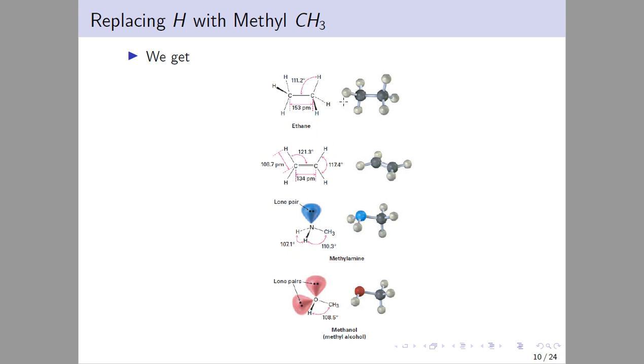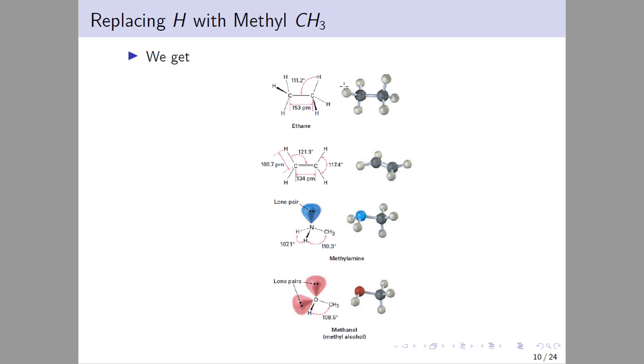So this C2H6 becomes C3H8. You can see that the length between carbon and carbon is 153 picometer, and the angle between the C line and H becomes 111.2 degrees.